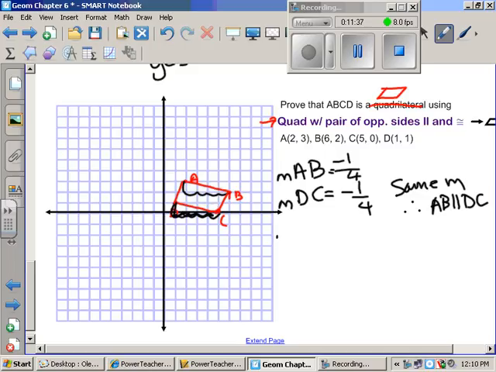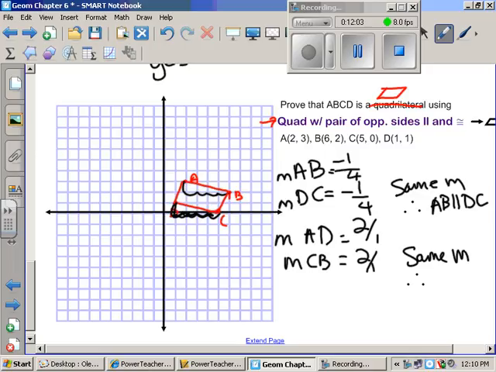Okay, then when I do the other two, I need the slope of AD and the slope of CB. CB is up 2 over 1, and DA is up 2 over 1. So those also have the same slope. Therefore, AD is parallel to CB.